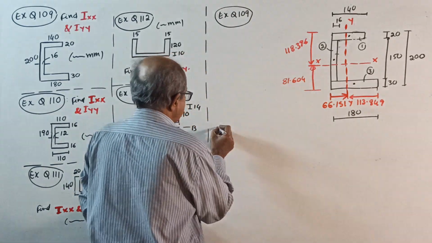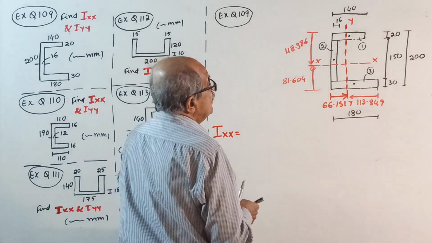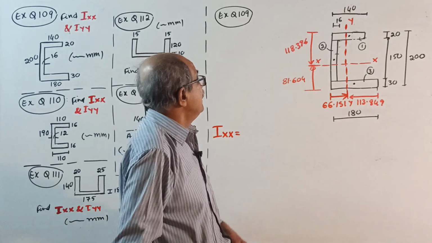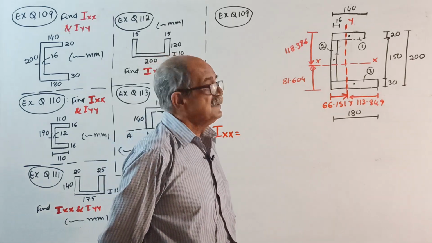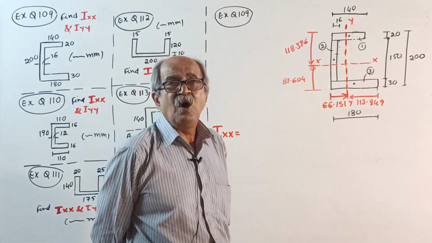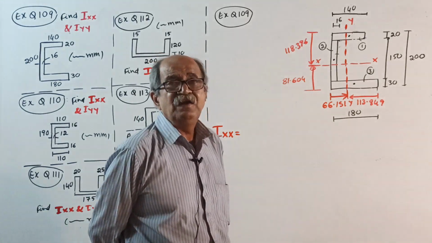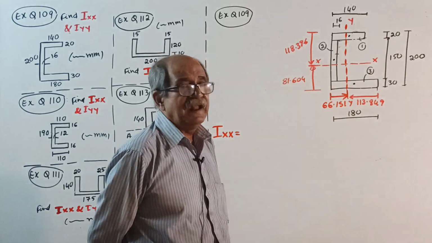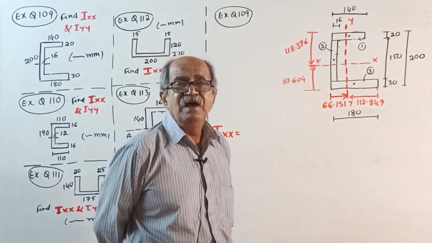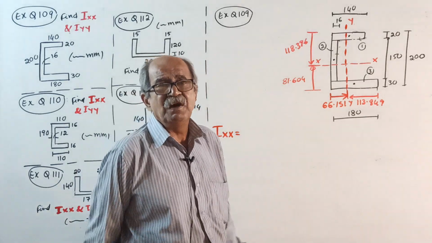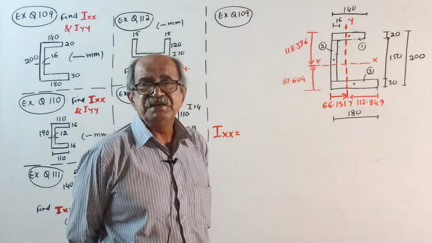Start. I about xx. I have to calculate Ixx using a calculator. Suppose my answer is wrong, then you will not know whether you have done it correctly or not, and I again apply corrections. Sometimes a calculator operating problem will come, so I have to check a second time.